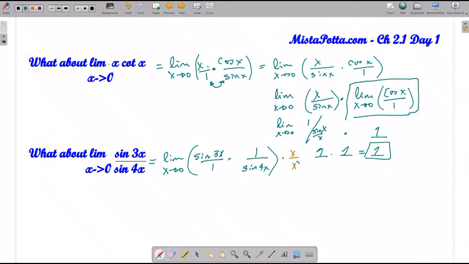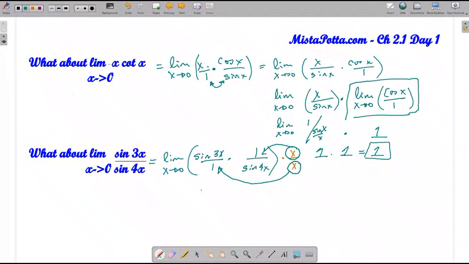So I'm actually going to multiply this x times this 1, and I'm going to multiply this x times that 1.